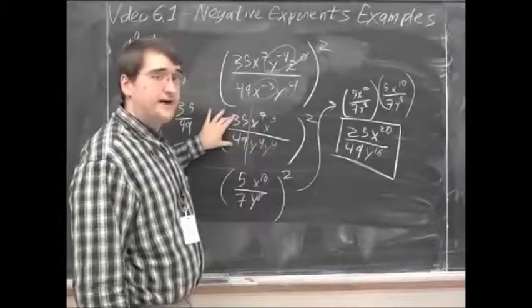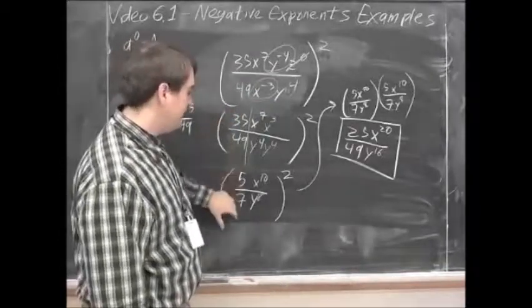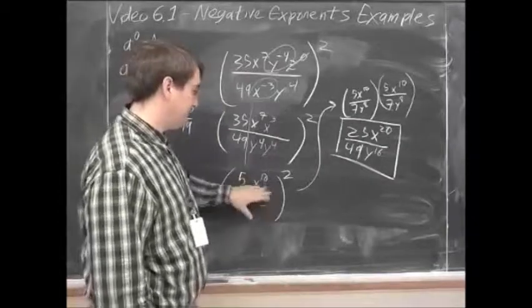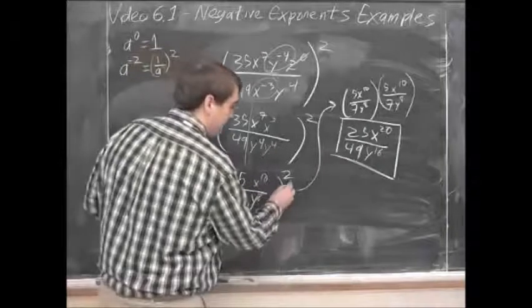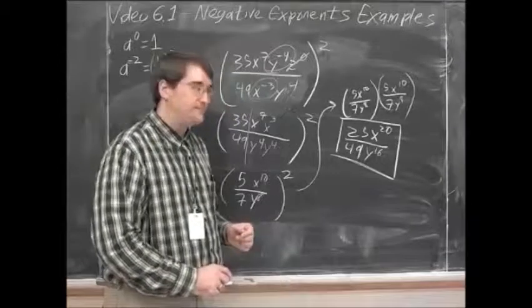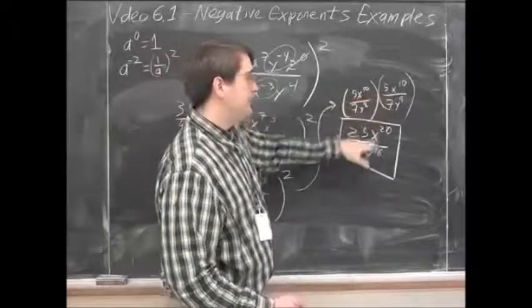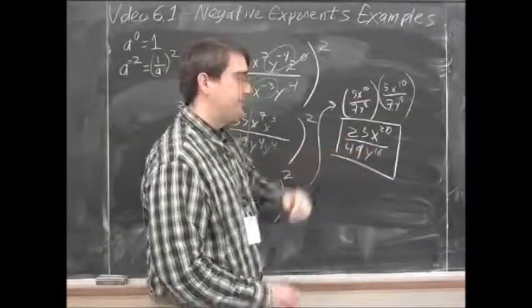Also cancel the numerical fractions if you need to. Reduce that. Once the inside of the parentheses cannot simplify anymore, then deal with your big exponent on the outside. Only then. And so then we get to our final answer right there.